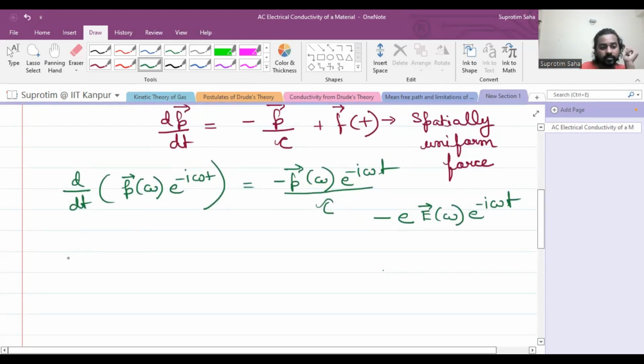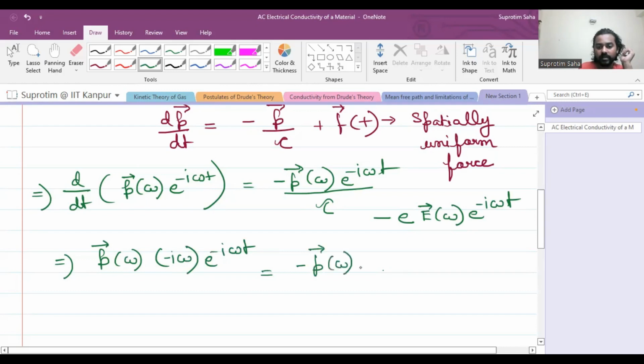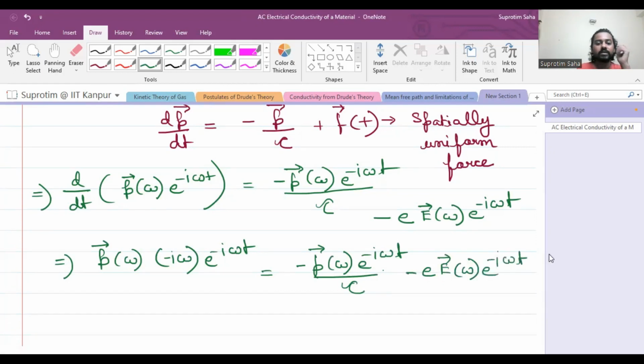So now you can easily calculate: minus i omega p of omega e raised to minus i omega t is equals to minus p omega e raised to minus i omega t over tau minus e times the electric field e raised to minus i omega t.